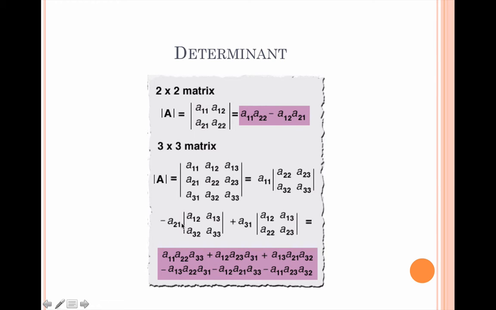So in this case we have A21, 2 plus 1 is 3, so this is odd, meaning that we should have a minus here. 3 plus 1 is 4, so it is even, meaning that we should have a plus sign in front. So this is the way that we can calculate determinants of matrices.